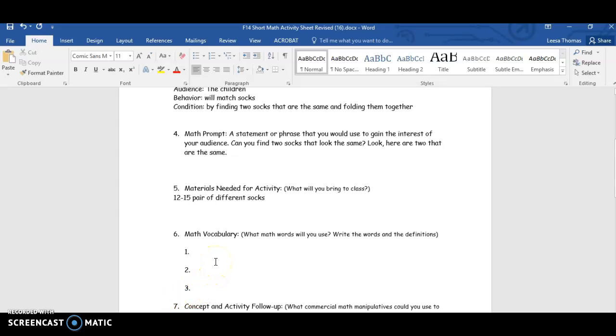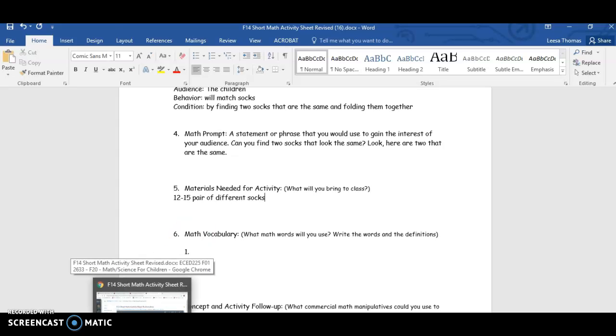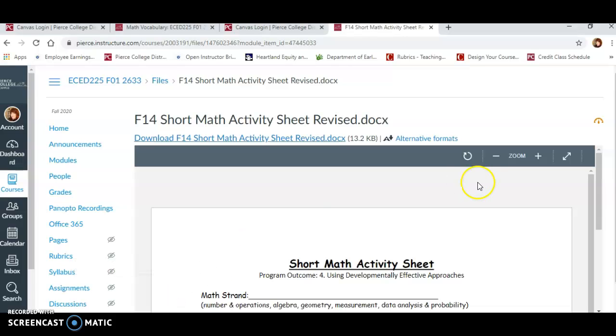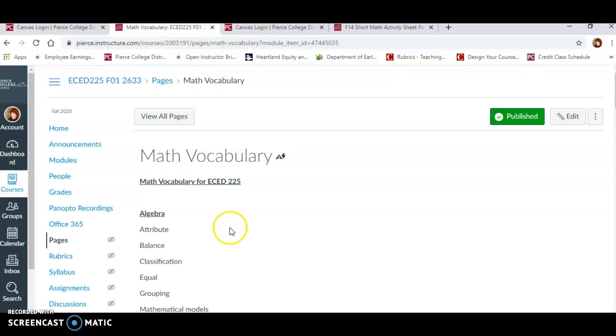And then your math vocabulary. I'm going to take you to a new screen to show you where to find, and this will be in your module for the week, some ideas for math vocabulary. So I'm going back to Canvas, and this is already in the module for you, and it's typed out here.